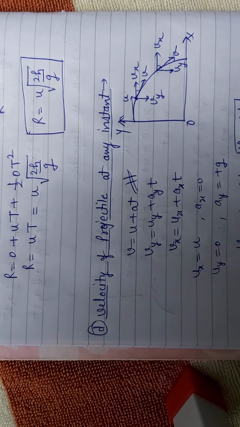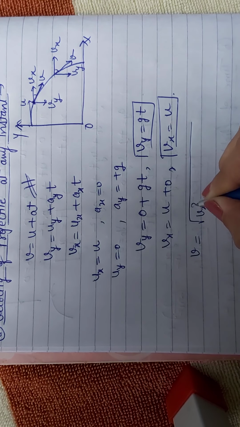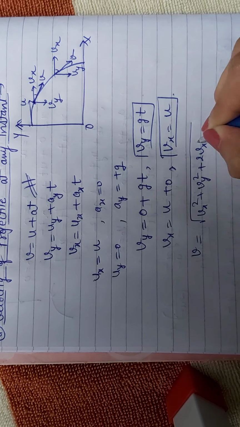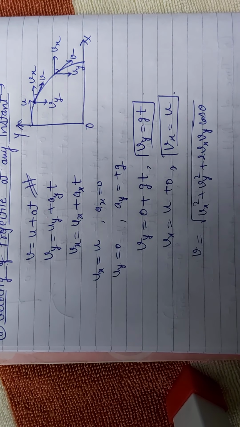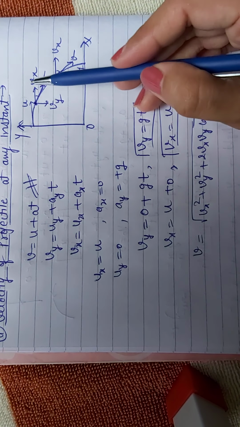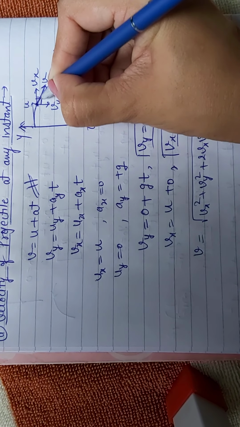Now the resultant V will be given by, as you know the result of the vectors, the square root of Vx square plus Vy square plus 2 Vx Vy cos theta, where theta is the angle between Vx and Vy. And from the diagram it is clear that the angle between Vx and Vy is 90 degrees.